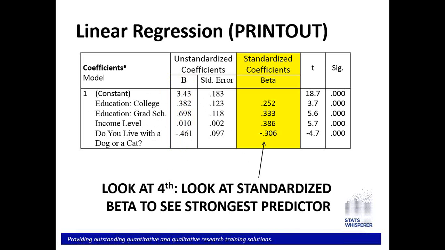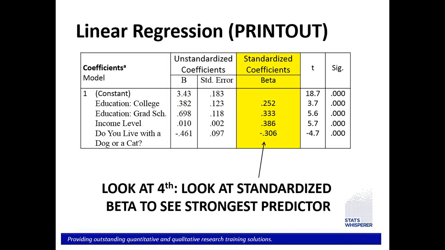Okay, then the standardized coefficients beta, otherwise known as the standardized beta, that's telling us what the strongest predictor in the model is, right? So the higher the number, right, it goes from 0 to 1.0, the higher the number, the stronger the predictor. And we see the strongest predictor is the second up from the bottom, 0.386, which is income level.